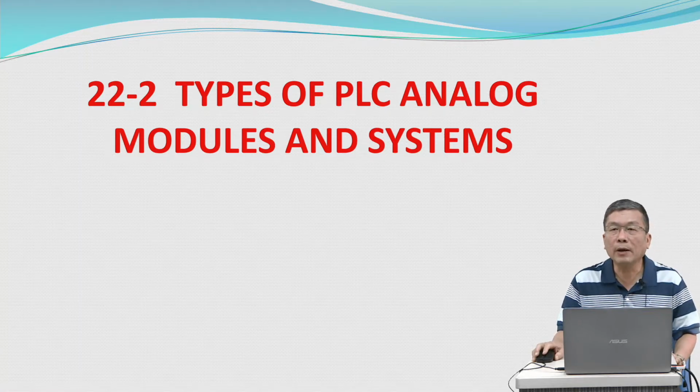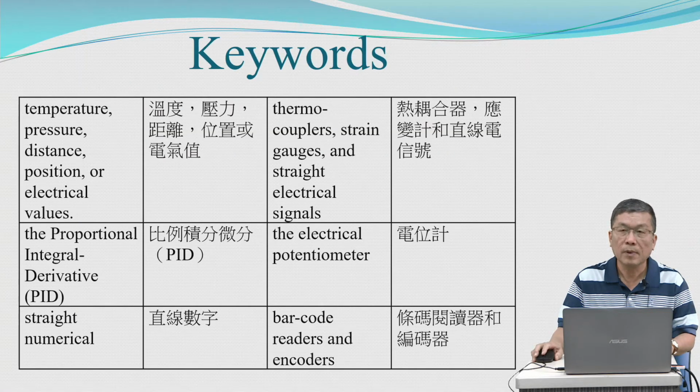Types of PLC analog modules and systems. The keywords: temperature, pressure, distance, position, or electrical values. Thermocouples, strain gauge, and straight electrical signal.